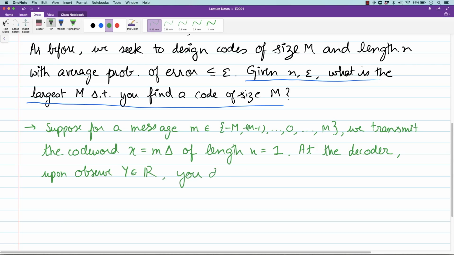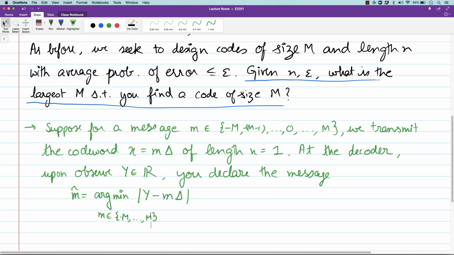You declare the message m such that y minus m delta is the smallest. So you declare the message m hat equals arg min, the one which minimizes this distance, over m in minus M to M. That's what you do.